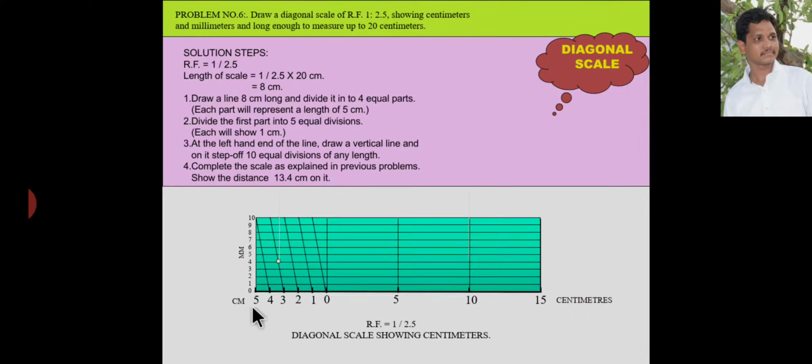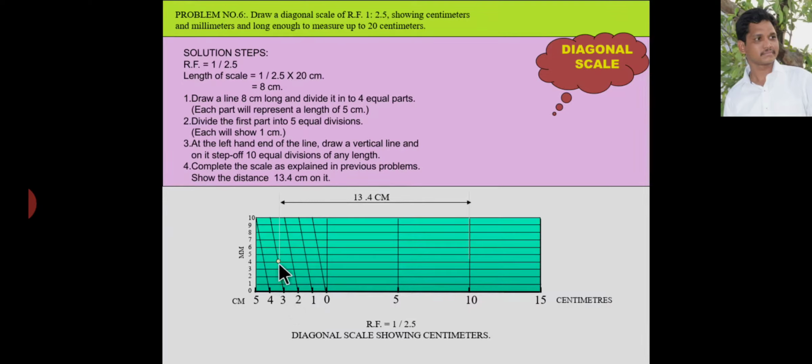Here I want to show some value, that is 13.4 centimeters. How to represent this value 13.4 centimeters? How to show this value on this scale? First of all, you have to calculate. From here to here the value is 10 centimeters, and this is 1, 2, 3 centimeters.